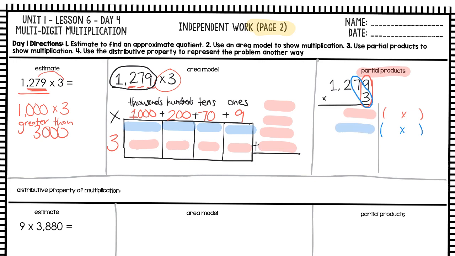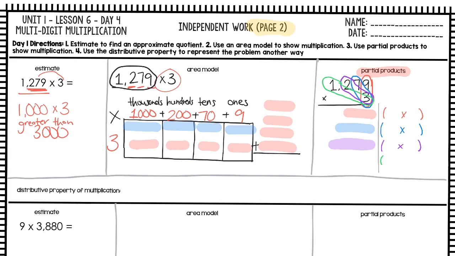Then we have our hundreds place. We have 2 hundreds times 3. So over here I'm going to write 2 hundreds times 3. And then when I figure out what 200s times 3 is, I'm going to write it there. Then I have 1,000s times 3.